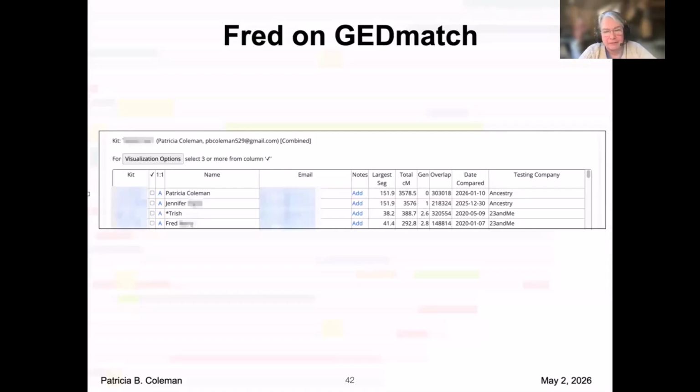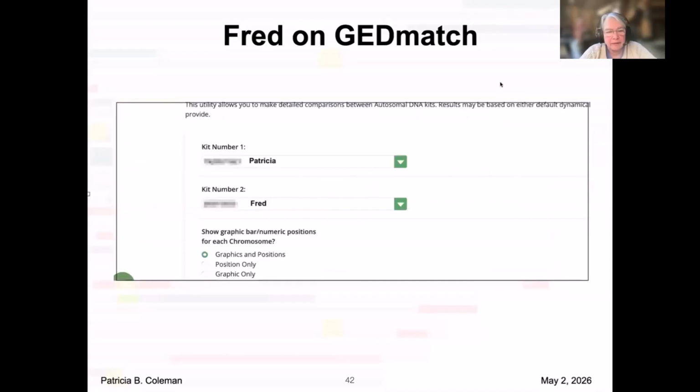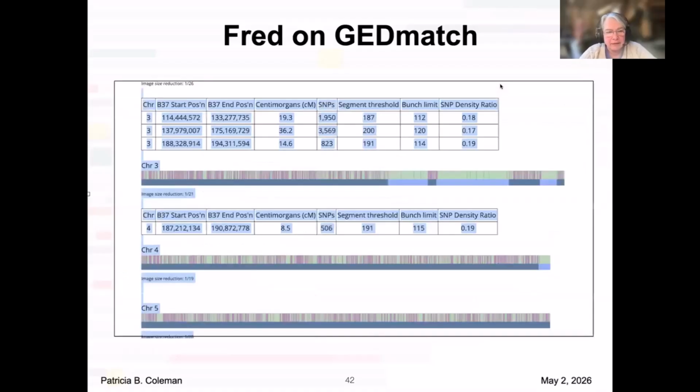So the first kit is my Ancestry kit, the first hit. The second kit is Jennifer, my daughter. And there's Trish and there's Fred. So we're going to look at Fred. So I run 1-to-1 with Fred and me, and get the whole page of all his data.